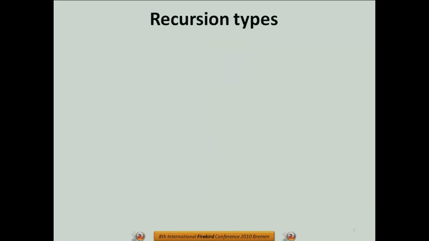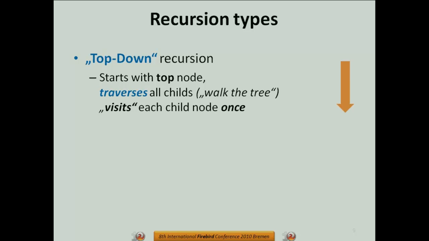Okay, we have basically 2 types of recursion in trees. First, and the most common one, is the top-down recursion, which means that you start at some top node. It doesn't have to be root, but it usually is root. And then you walk down the tree and traverse all the children exactly once. It's typical tree traversal, you all know that.